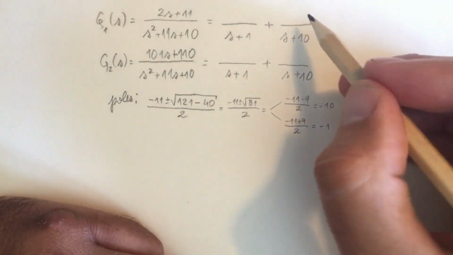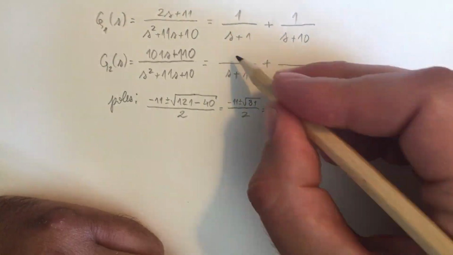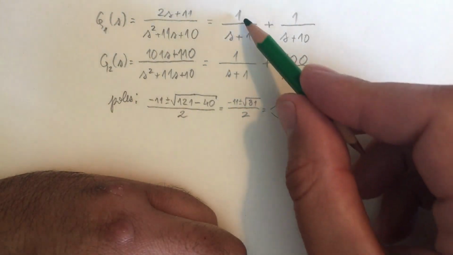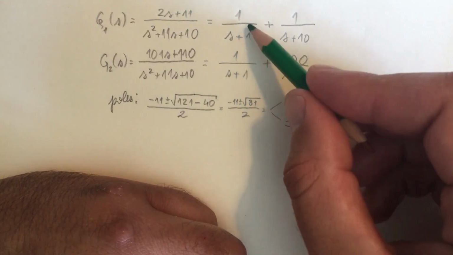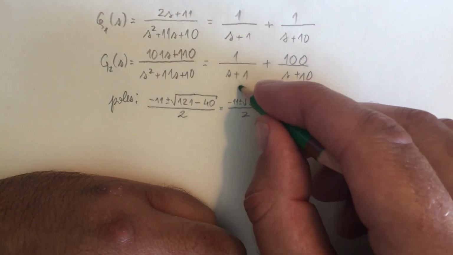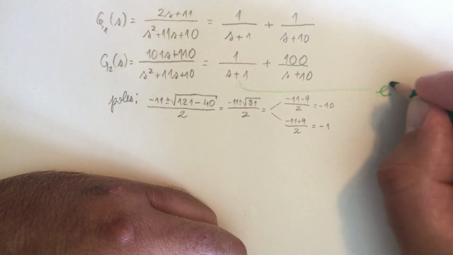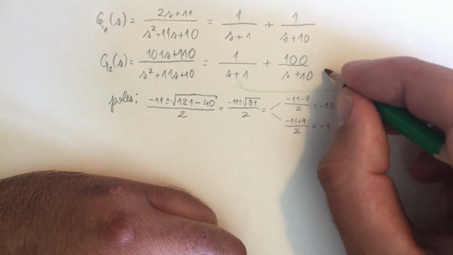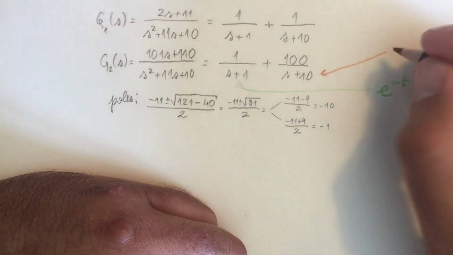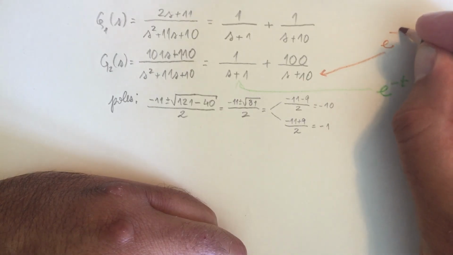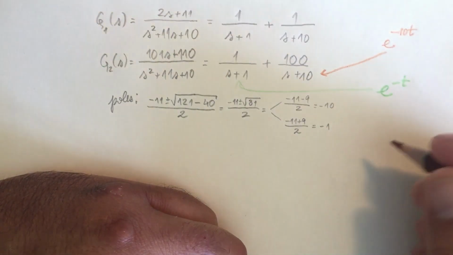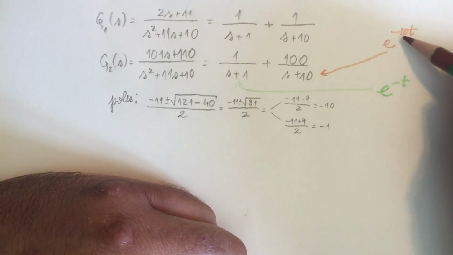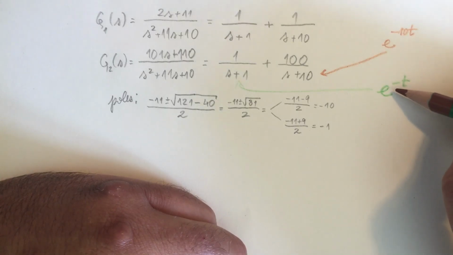You can calculate the numerators by yourself, but you will see that the results are these. Now we know that these terms with s plus 1 in the denominator will correspond to exponentials like this, while these with s plus 10 in the denominator will correspond to exponentials like this. This exponential converges to 0 much faster than this one.